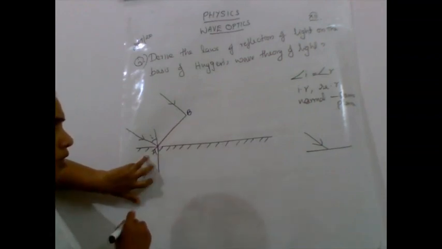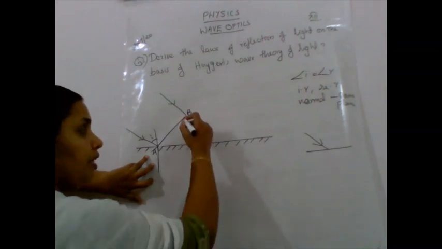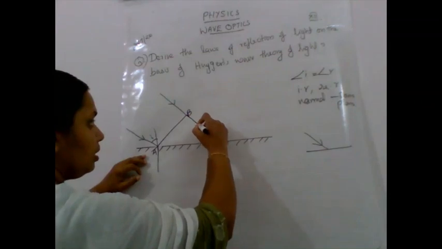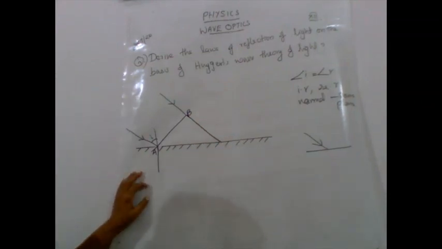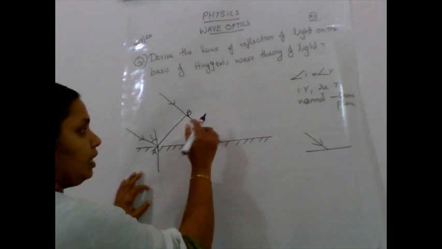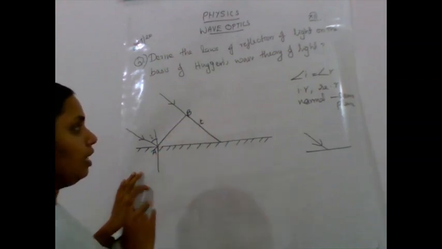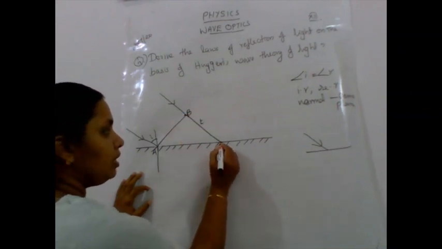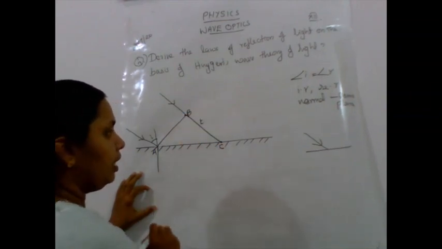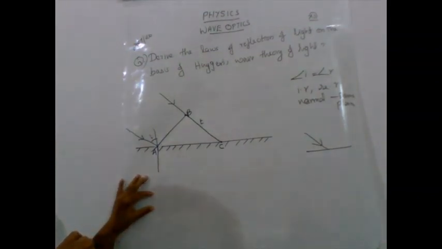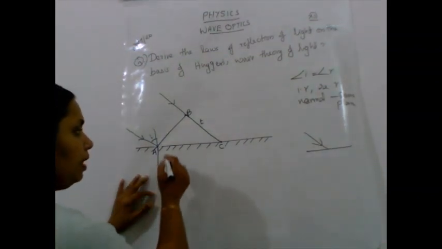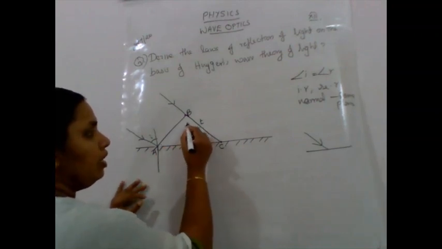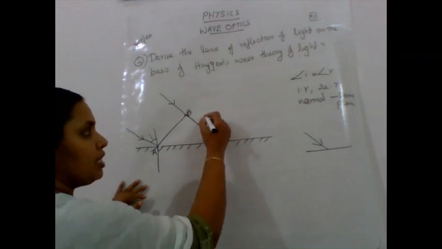Okay. So after some time, only this point B reaches the reflecting surface, isn't it? It will take time. We can take the time T. After time T only, this point B reaches the reflecting surface and we can take that point as C. By the time, from A the reflected wavefronts are produced, and if we join the envelope, we can say that it reached here.